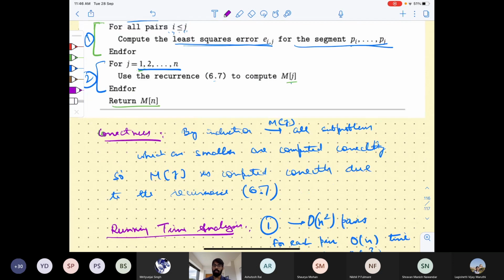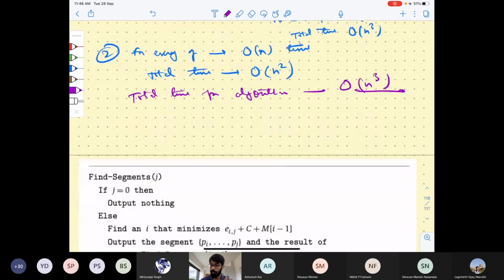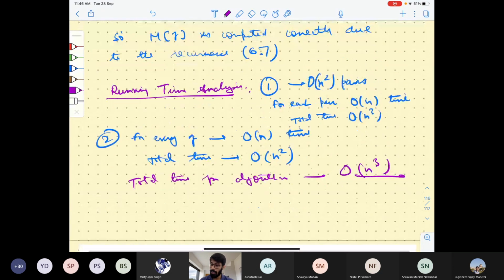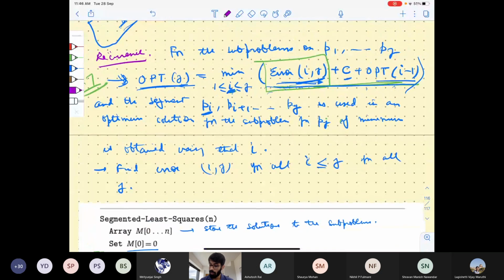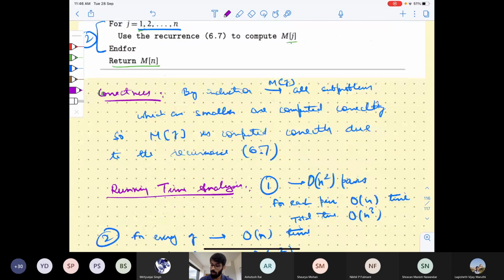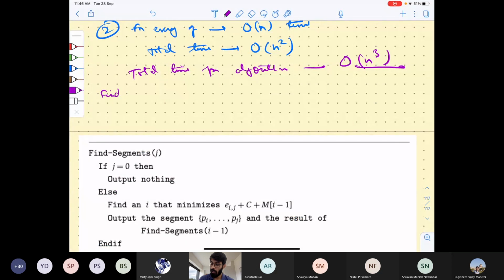So we did the correctness analysis, we did the running time analysis, but there's one thing we have not done, that is finding the segments, right? And again, since we had this recurrence and the result for it, finding the solution uses the criteria in the recurrence.